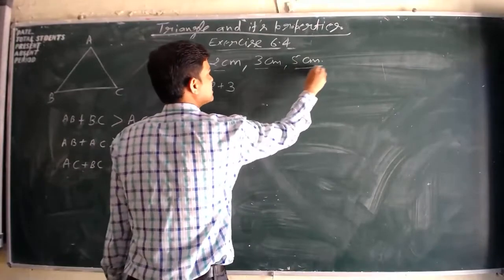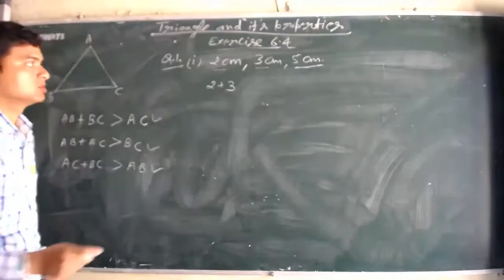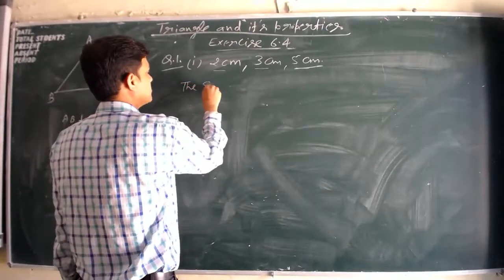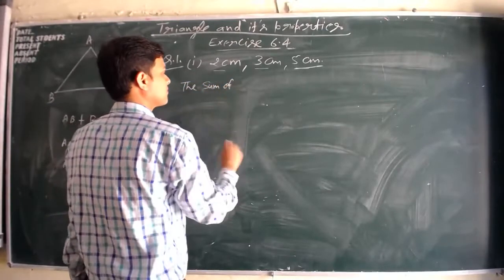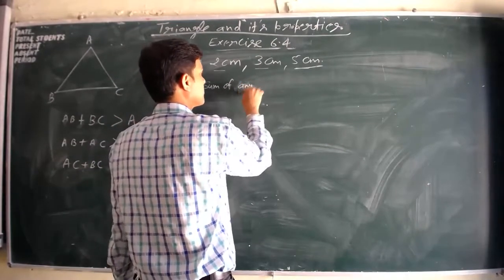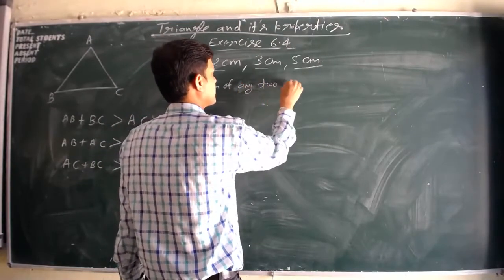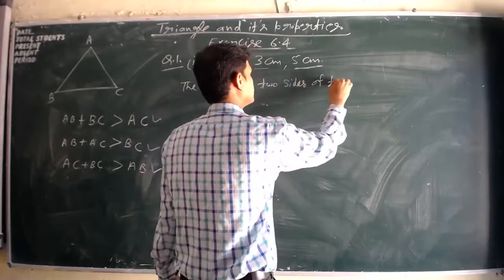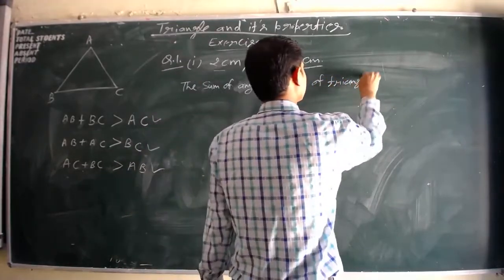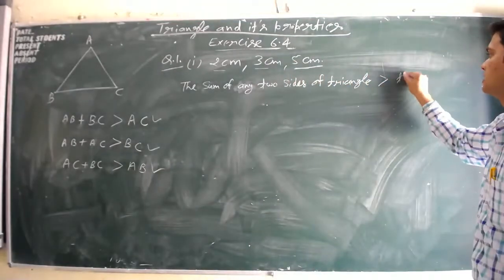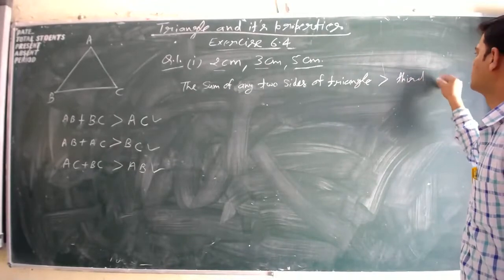Third side से बड़ा होना चाहिए. क्लियर? तो हमें पता है, हम यहाँ पे use करेंगे: the sum of any two sides of a triangle should be greater than the third side, है ना?